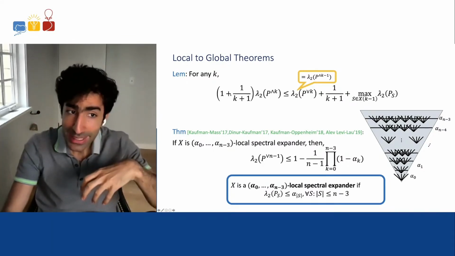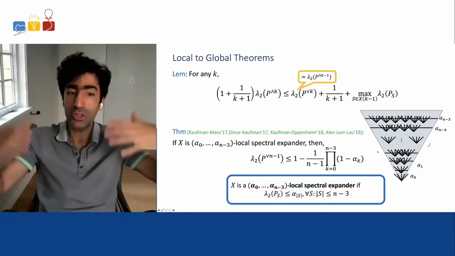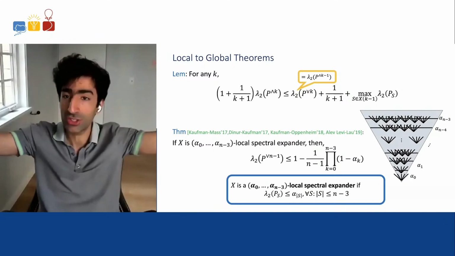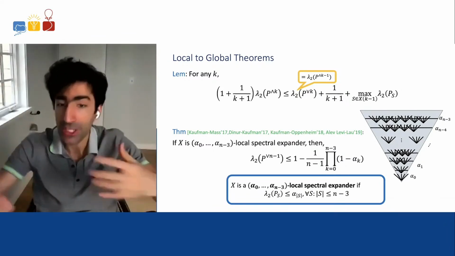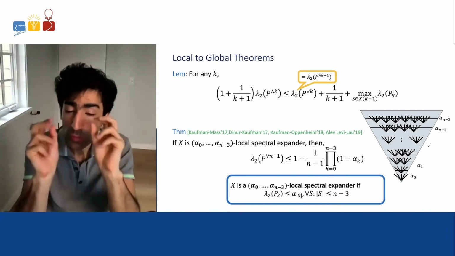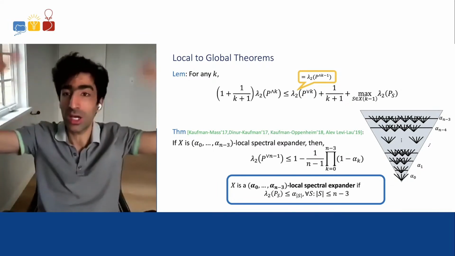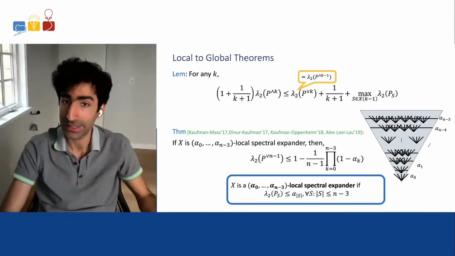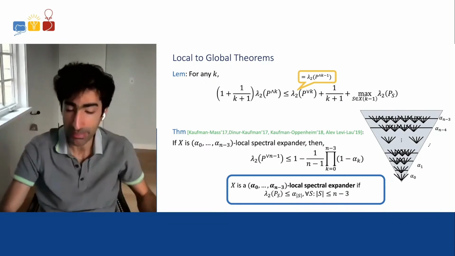So this lemma and this theorem say that somehow you can decompose this up-down walk on all of the spanning trees of your graph as some averaging of these local little random walks. So if all those little random walks are fast mixing, then this giant random walk on all the spanning trees is also fast mixing. Okay? So that's the way to think about it.